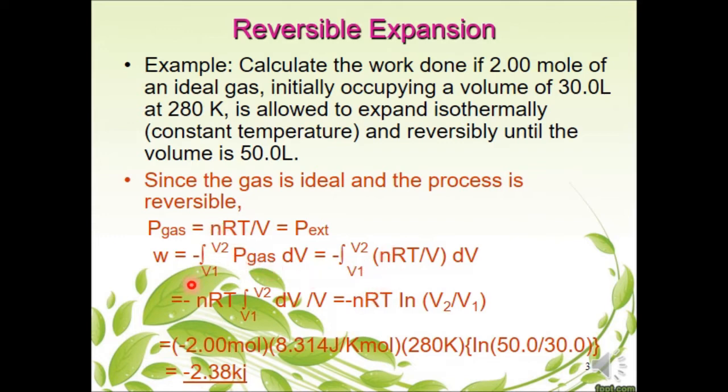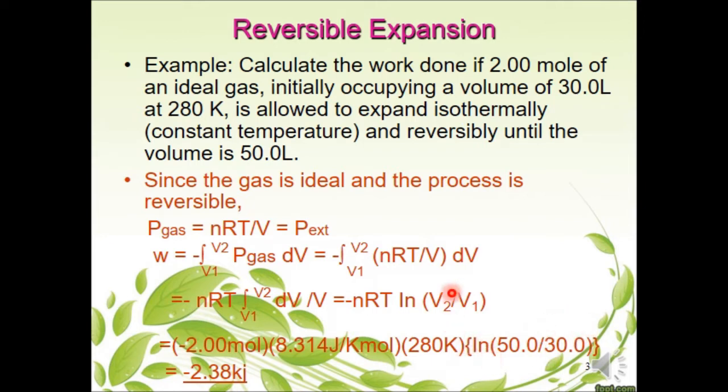When we integrate, because there's a change in volume, we get this formula here. Work will be equivalent to negative nRT ln V2 over V1. You have to divide first, then you ln. You don't ln separately. Divide first, then you ln.